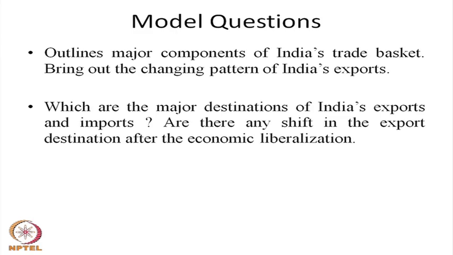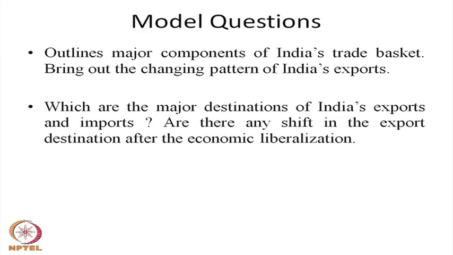See what the major components of India's exports are, and also bring out the changing pattern of Indian exports over the years, how the export basket and the commodities of export have changed. Similarly, outline the commodities on the import side and how they have changed over the years.